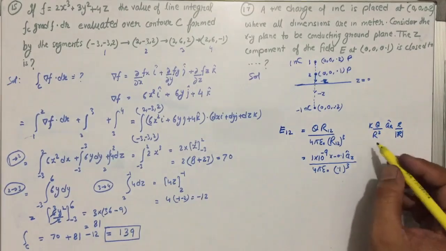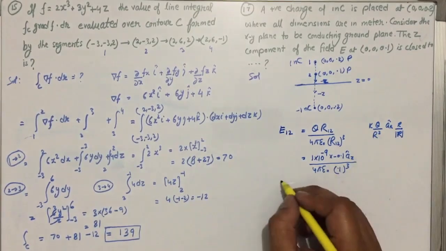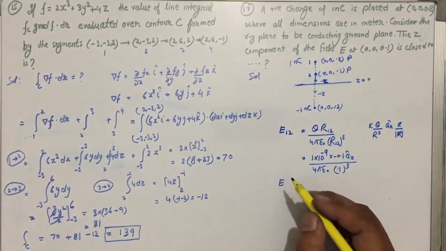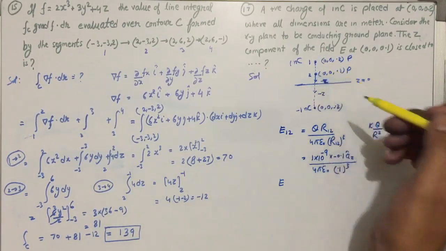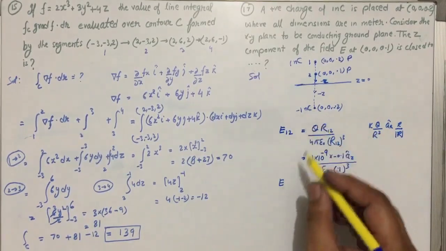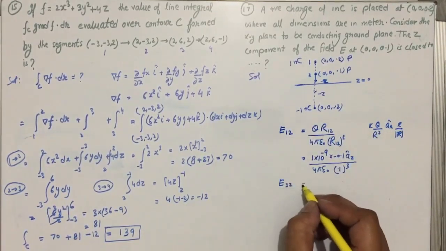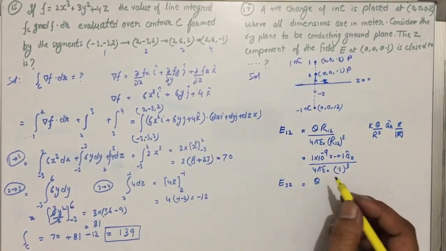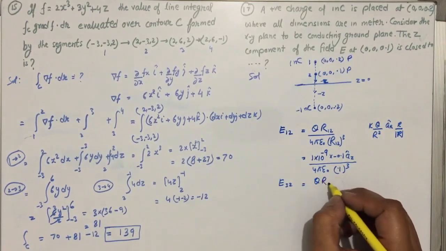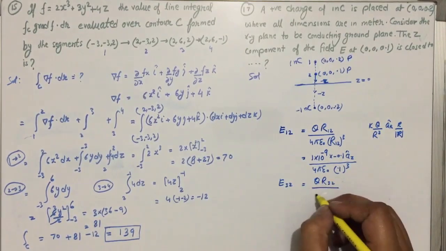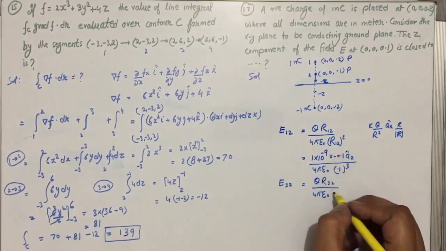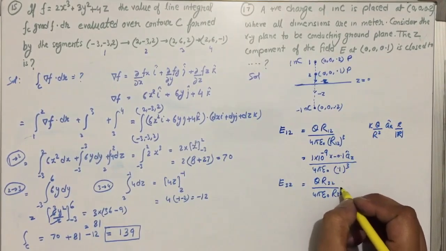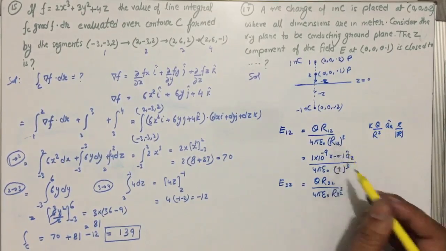Similarly, from this point, E32 will be Q R32 divided by 4 pi epsilon naught R32 cube, as we have done here.